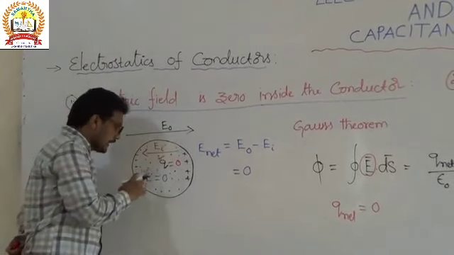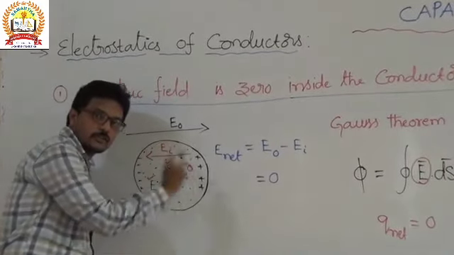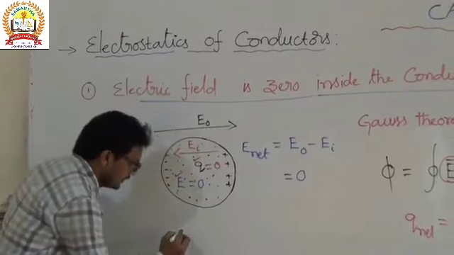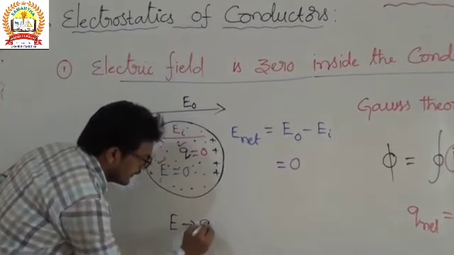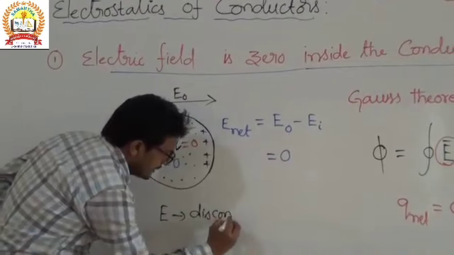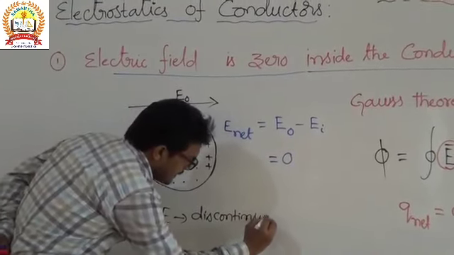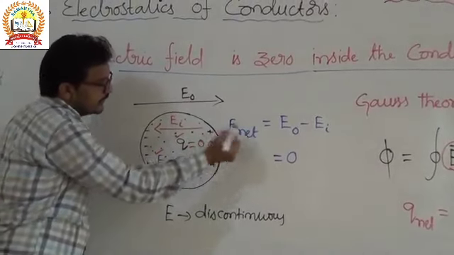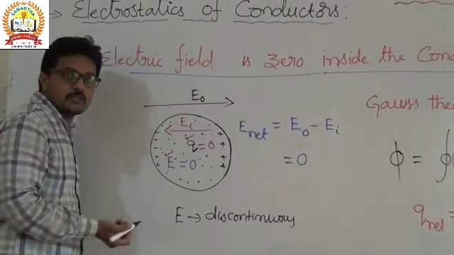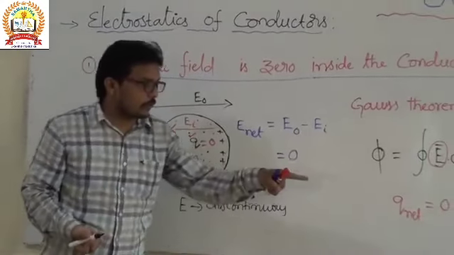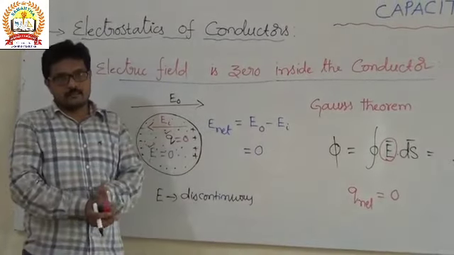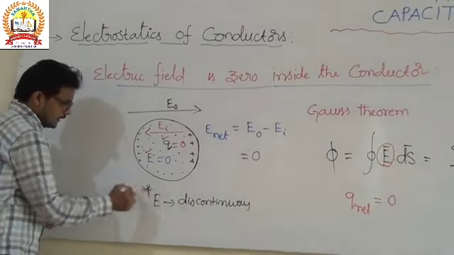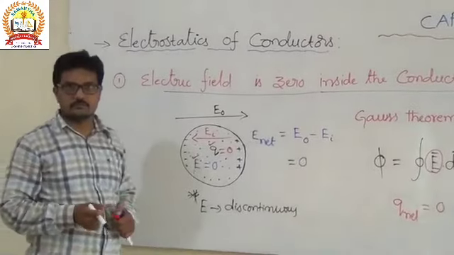It means that the electric field is discontinuous. When it reaches the surface, the electric field on the surface of the conductor will be 1 upon 4 pi epsilon naught Q by R square. This is a very important point: the electric field is discontinuous.